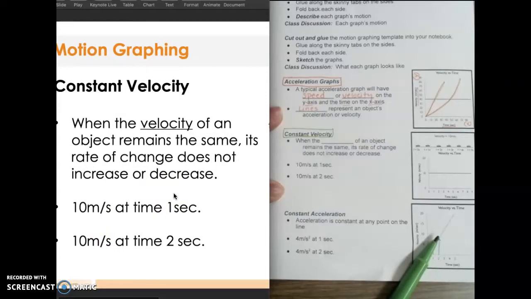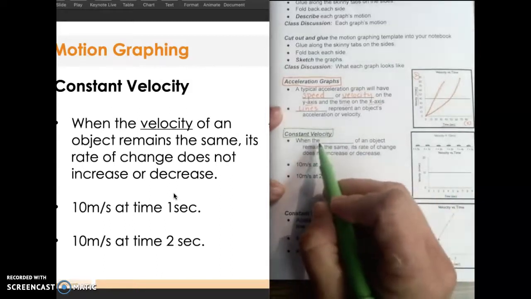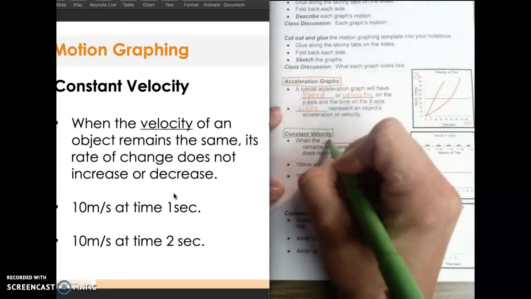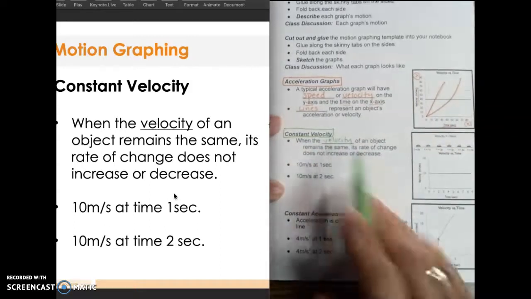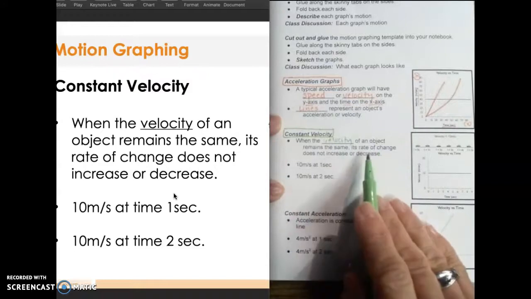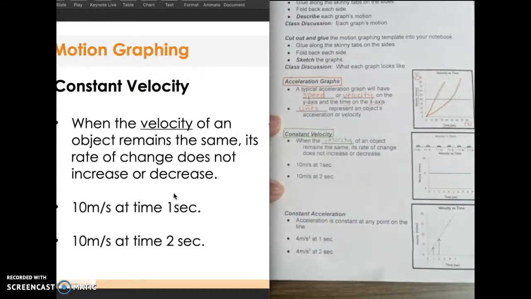When the velocity of an object remains the same, its rate of change does not increase or decrease. Velocity goes in our blank. So when the velocity of an object remains the same, the rate of change does not increase or decrease.